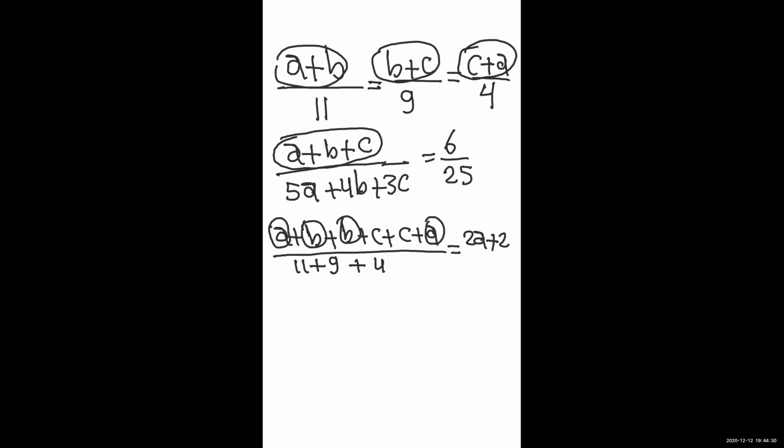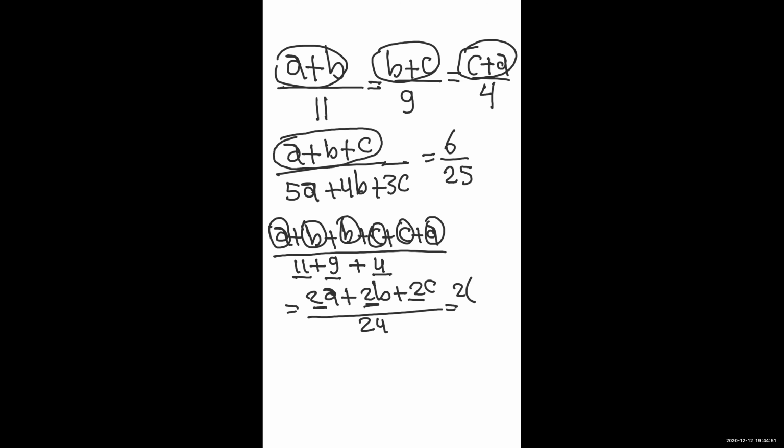There is not enough space. Let me complete it on the next line. So 2A plus 2B, then plus C and C, so 2C, over 11 plus 9 means 20, 20 plus 4, so 24. Now 2 on the top is a common factor, so 2 times A plus B plus C over 24.